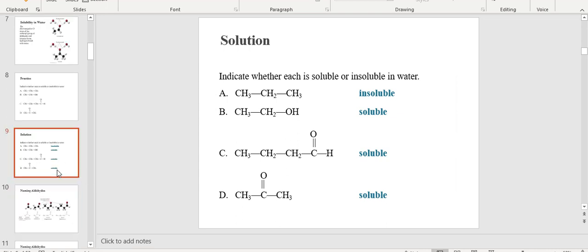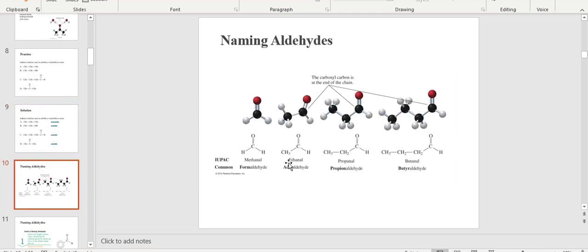Okay. Naming aldehydes, I've already alluded to this. It's basically the same as everything else. You'll remember there the most important slide. Please have those memorized. Meth, eth, prop, but, pent, hex, hept, oct, non, dec. You're not going to get anything higher than that.